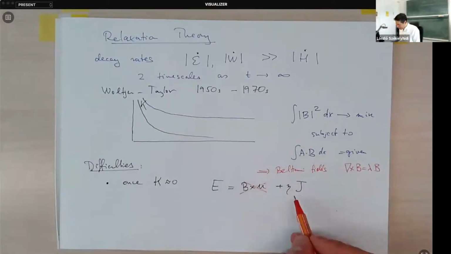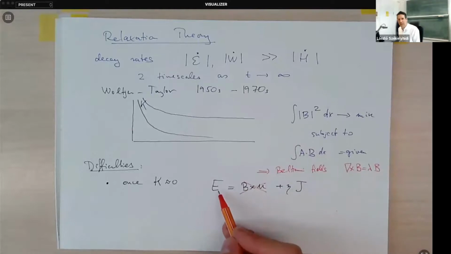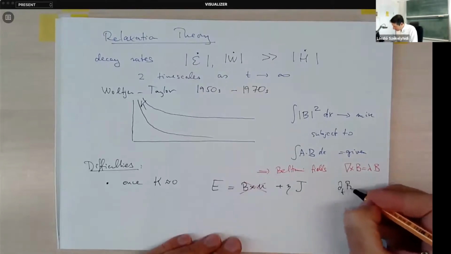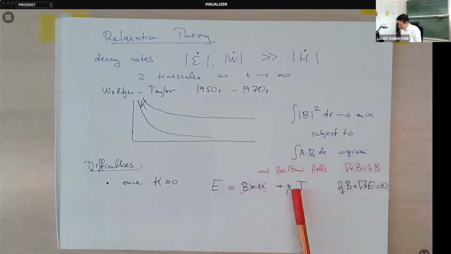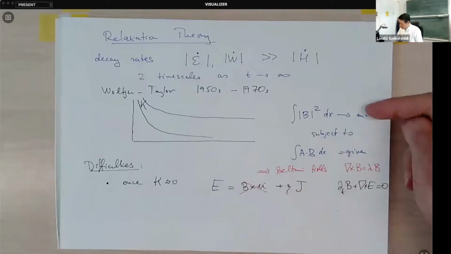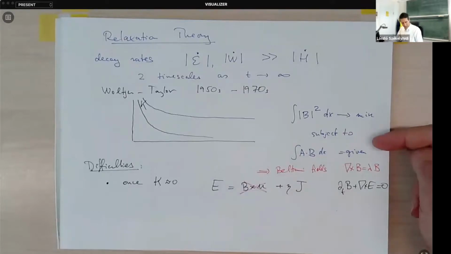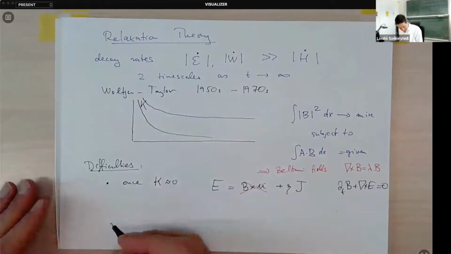And you see, if the electric field were zero, then there's no way that B can change, because the other equation was Faraday, dTB plus curl of E is equal to zero. So the only thing left is this small number eta times J that could cause this relaxation. However, this is certainly possible.